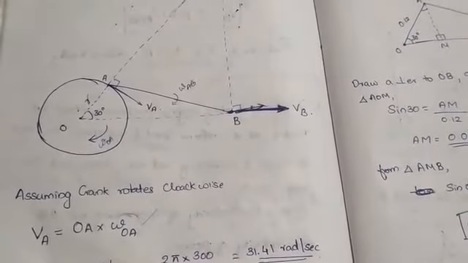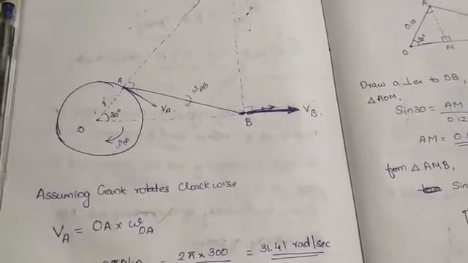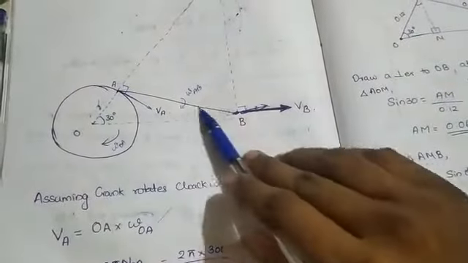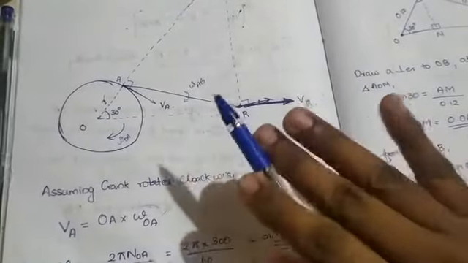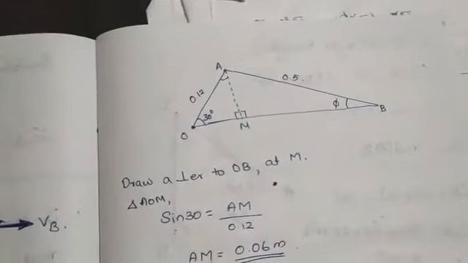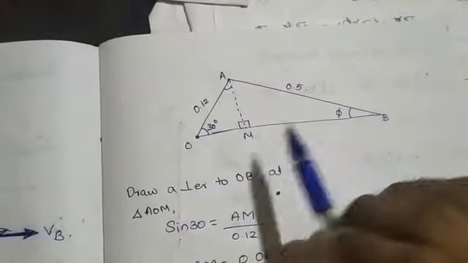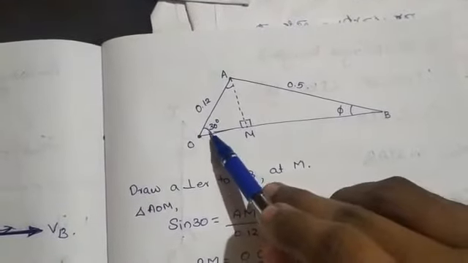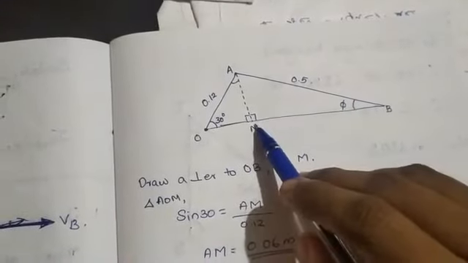Now you have some important geometric conversions, right? So this looks like a triangle, right? This OAB looks like a triangle. It's not a perpendicular rod. So for that, first what I will do, in the triangle OAB, OA is 0.12, this is 0.5, and this angle is 30 degree. Say I made this angle as phi, right?